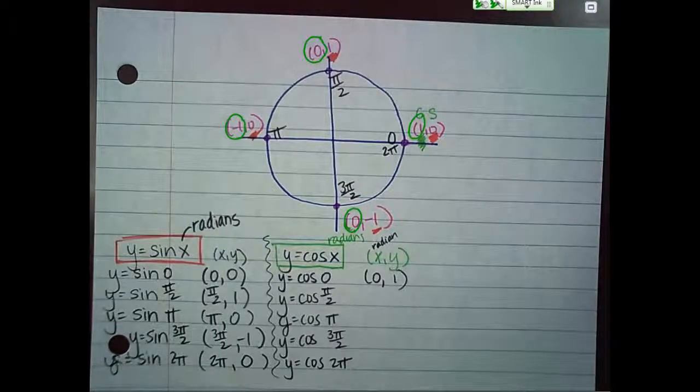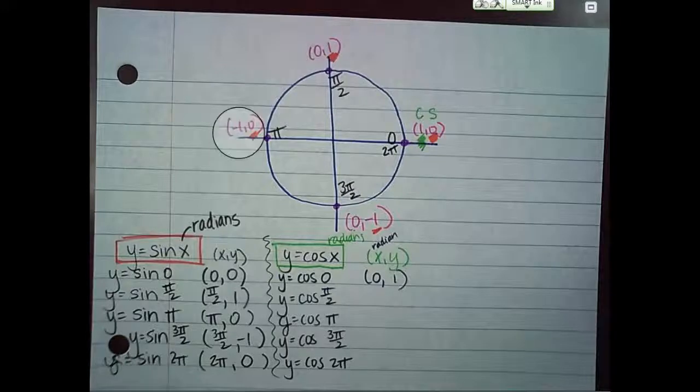Do y'all see them? They are the x value. Cosine is x, y is sine. How come? Cosine is adjacent over hypotenuse, correct? And adjacent is always the x value. And in the unit circle, what's the hypotenuse always? 1. So x divided by 1 is just x. Okay?